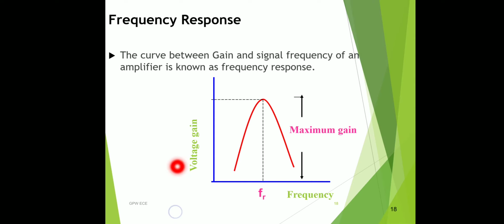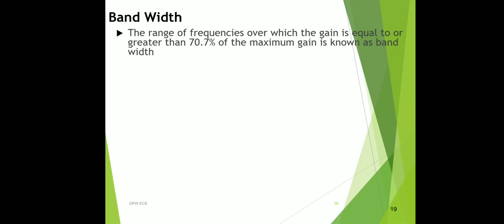This is the maximum gain, the peak value, and at that maximum gain we can take the reference frequency or cutoff frequency, or we can take the bandwidth. What is bandwidth? Bandwidth is the range of frequencies over which the gain is equal to or greater than 70.7% of the maximum gain.